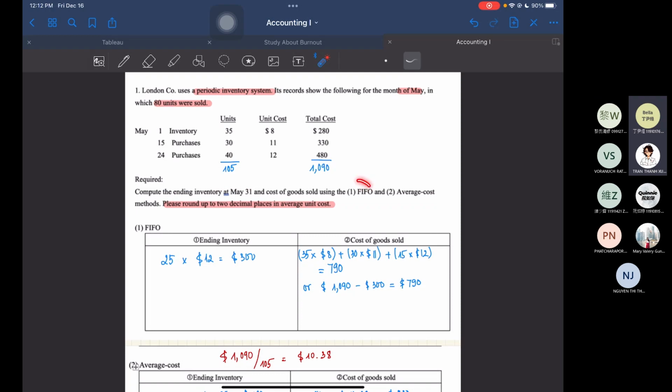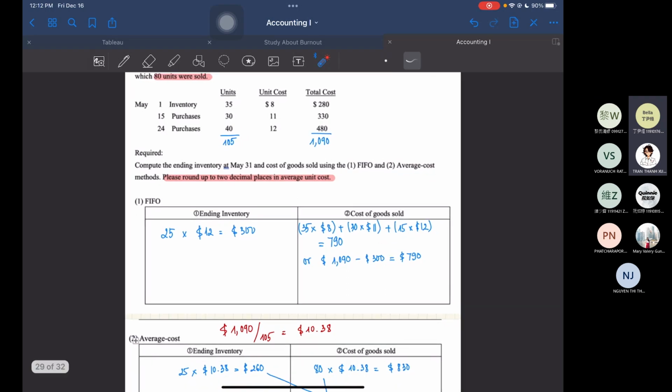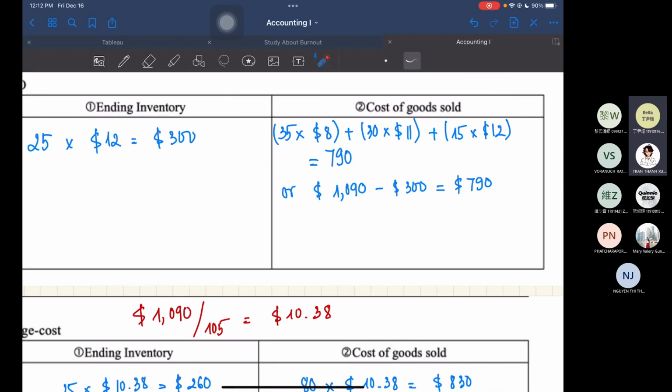In the question, they compute the inventory as of May 31st, which means the end of May, in two methods: FIFO and average cost. Also, this is important: you need to round to two decimals. You know what two decimals is, right? In the average cost, sometimes it's more than two decimals.